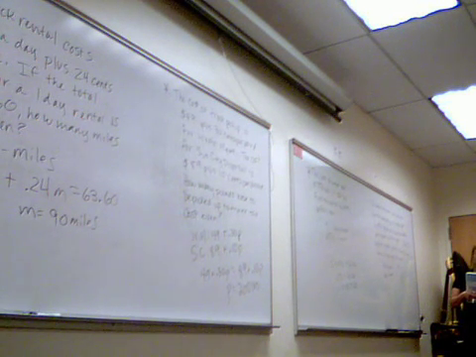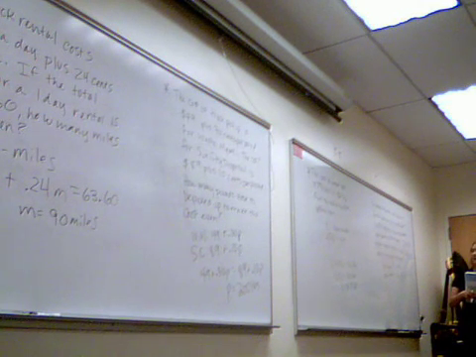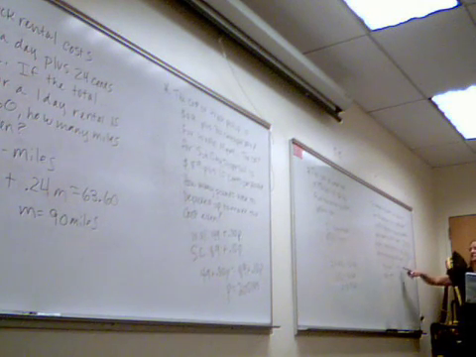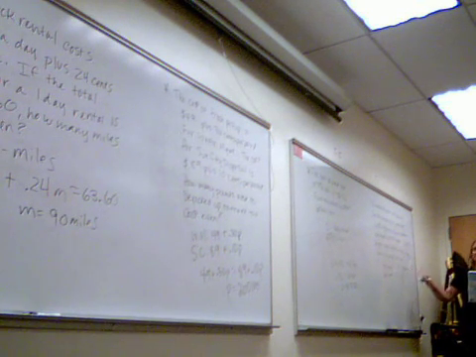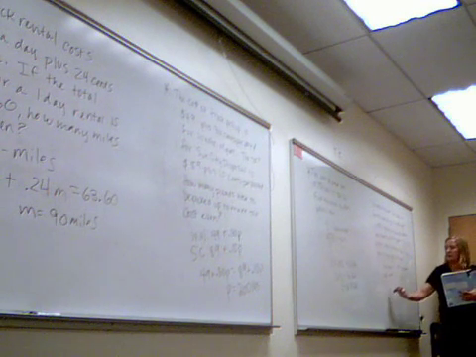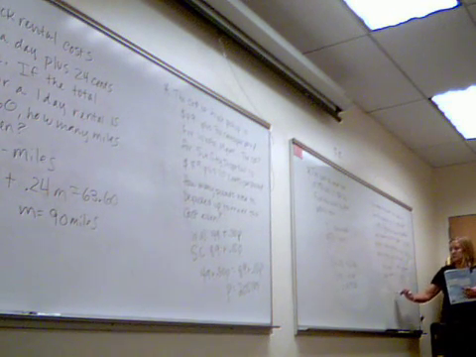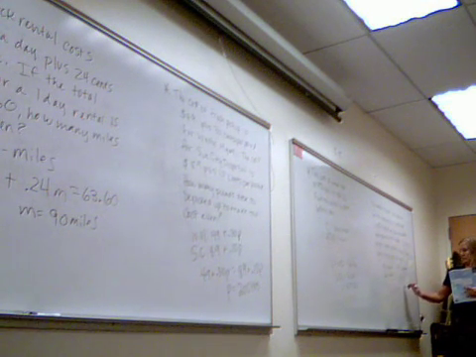So we need to say, this is just the increase, right? This is just the increase. That's not the total amount. So x, the original amount, plus the increase is going to be 253.